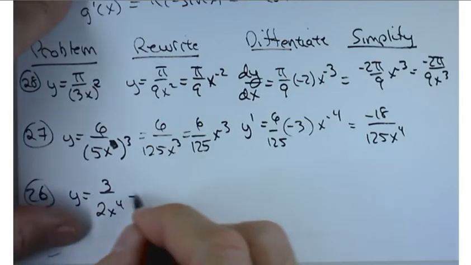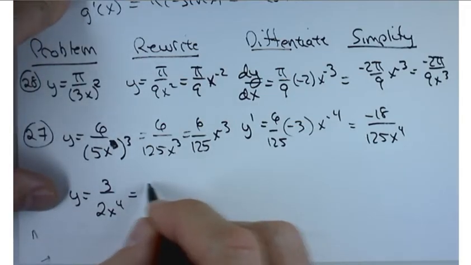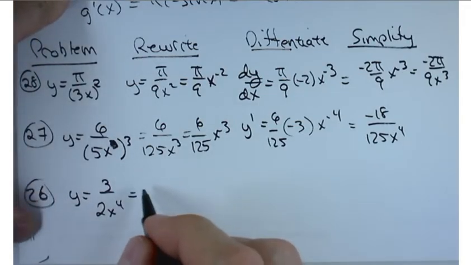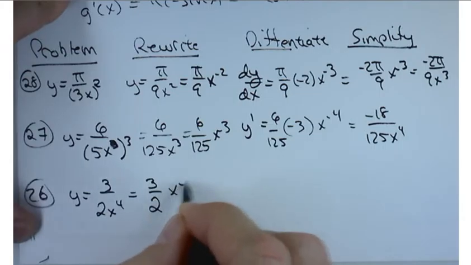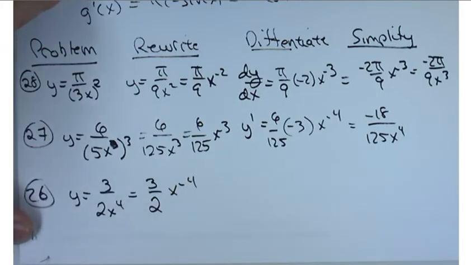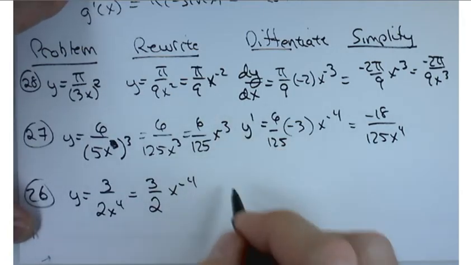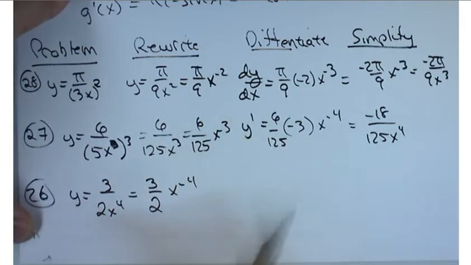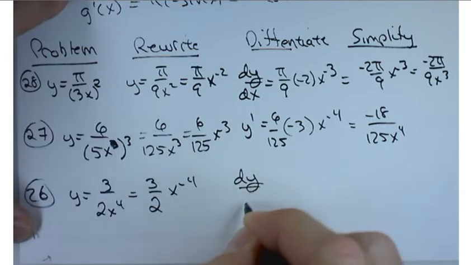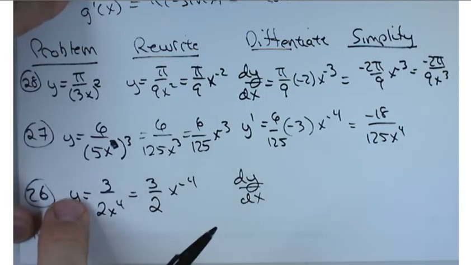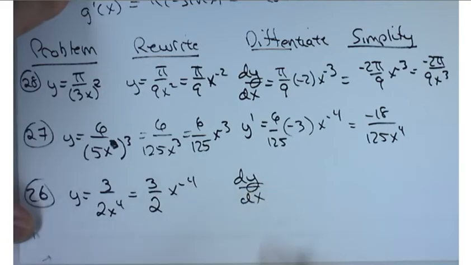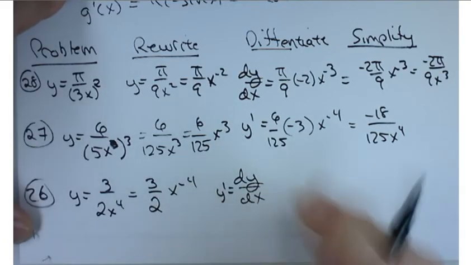Last but not least here, how should I rewrite problem number 26? Thank you. 3/2 x to the negative 4. So that's our rewrite. Let me use different notation again for our derivative. So that's y. I can write this as dy by dx. That's the derivative of y with respect to x. It means the same thing as y prime. And I know that you might feel a little overwhelmed.